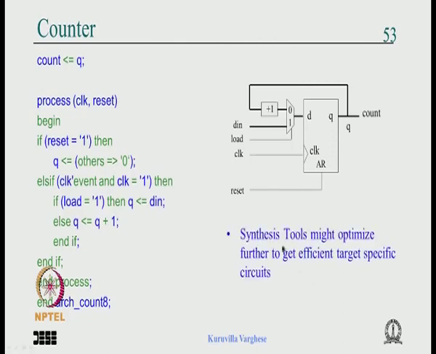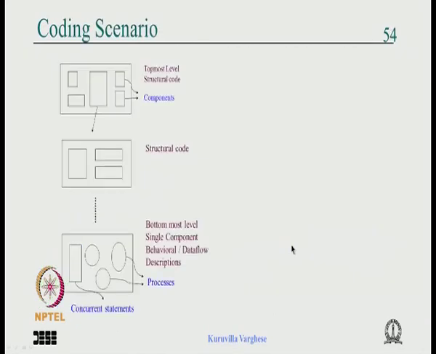And the synthesis tool might optimize it further depending on the target, like in an FPGA you may have dedicated resources for this plus 1 and so on, and this could be a part of the logic resource within the FPGA. You may not use standard resources within the FPGA, that is what I mean, and when we get to the FPGA we will understand it better.